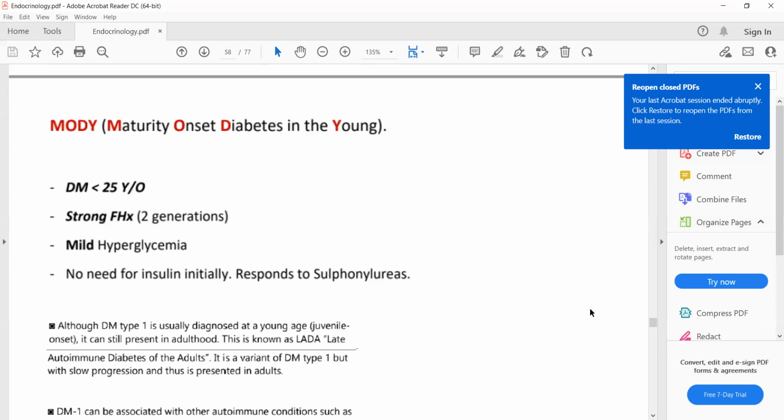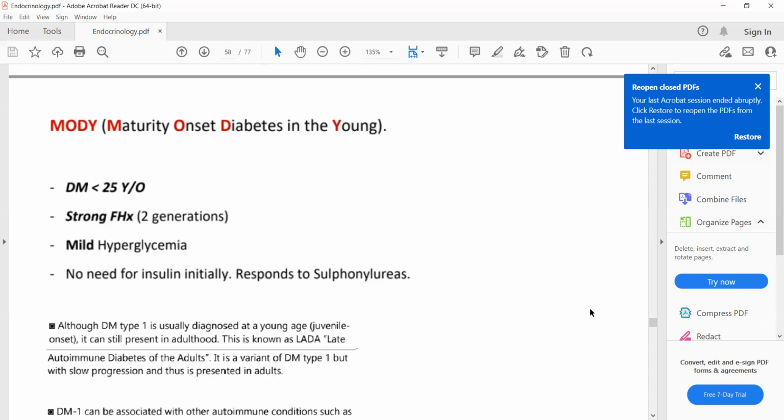So type 2 diabetes in a young person who is below 25 years of age and with a strong family history of diabetes, your answer will be maturity onset diabetes in the young. Because it is a type 2 diabetes mellitus, it responds to sulfonylureas.